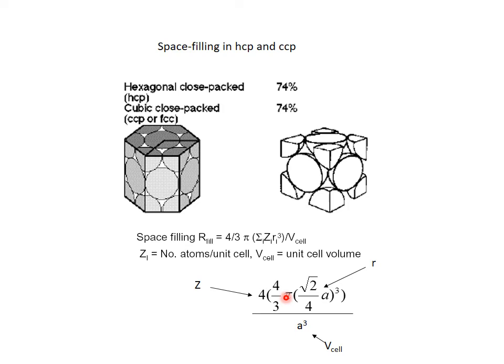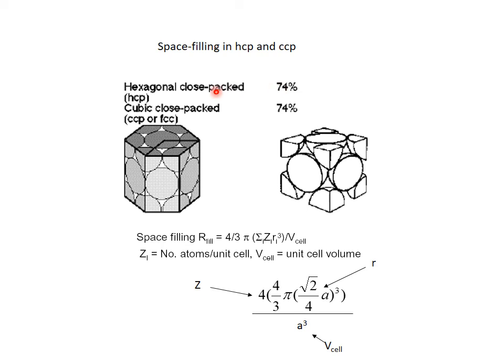Now we have to take into account the 4 spheres per unit cell, so we multiply this volume by 4, and that value, the volume of the 4 spheres, has to be divided by the volume of the cubic unit cell, which is nothing else but the lattice parameter a to the power of 3. When you calculate this, it gives exactly 74%.